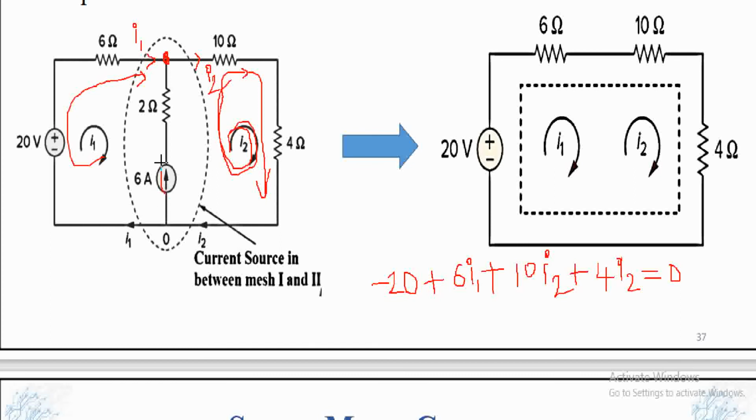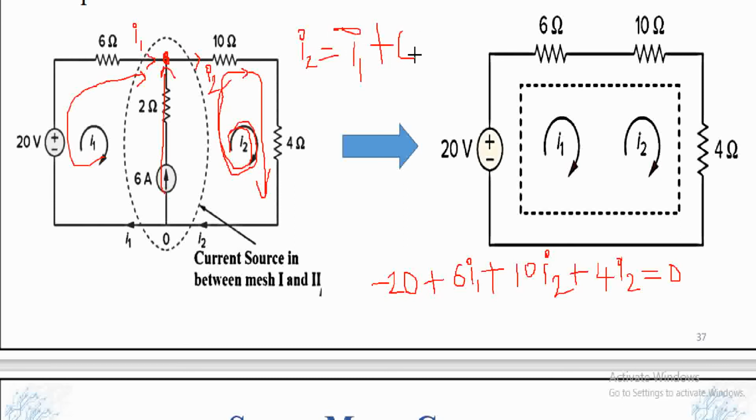The 6 amp current is entering the node, I1 is entering the node, and I2 is leaving the node. So by applying KCL, I2 equals I1 plus 6.